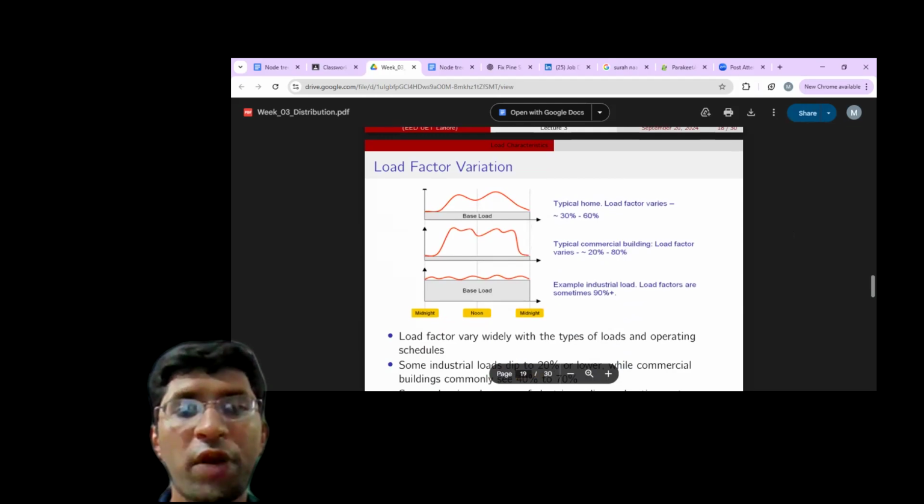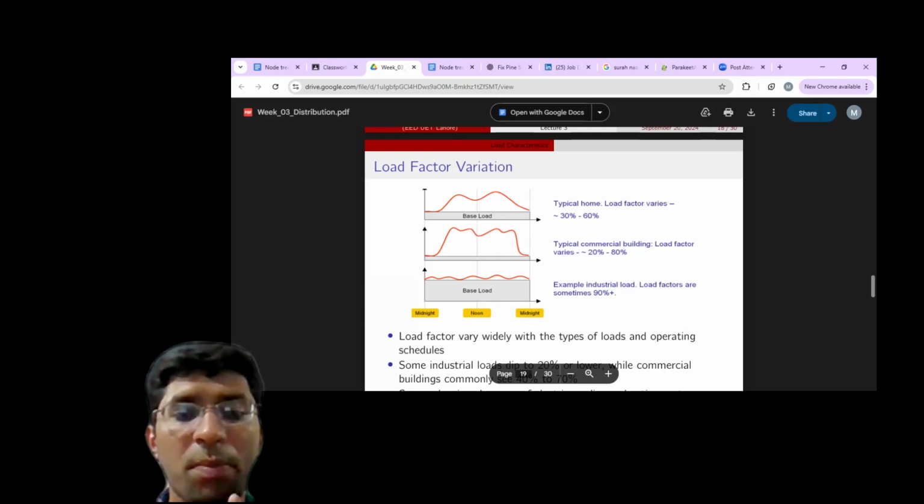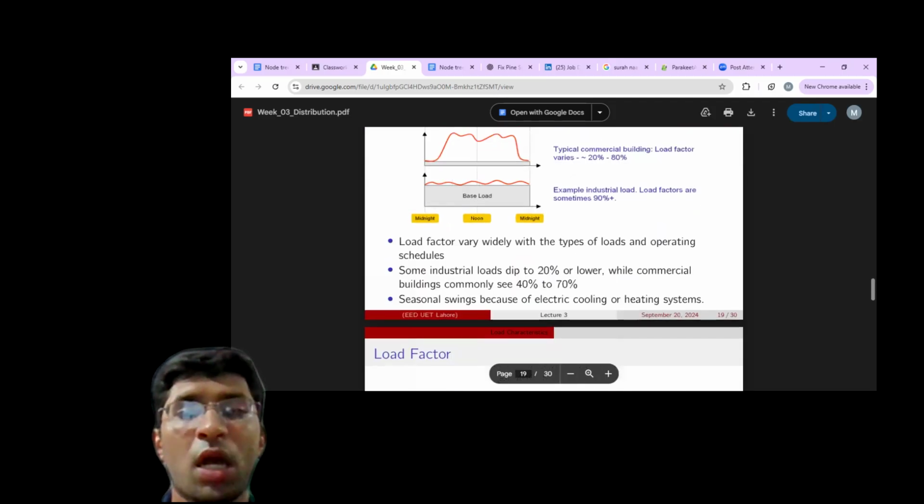Now the load factor variation has been observed here: in a typical home, the load factor varies from 30 to 60%, while in a typical commercial building, it fluctuates from 20 to 60%, and in an industrial zone we occasionally observe 90+% load factor. The load factor varies continuously with the types of loads and the operating schedules.